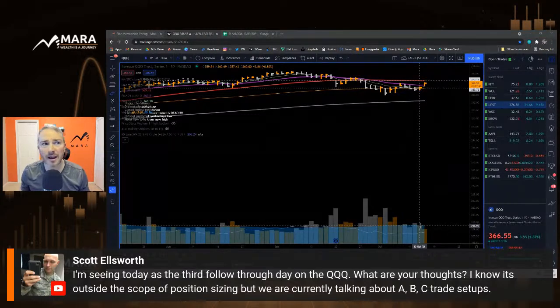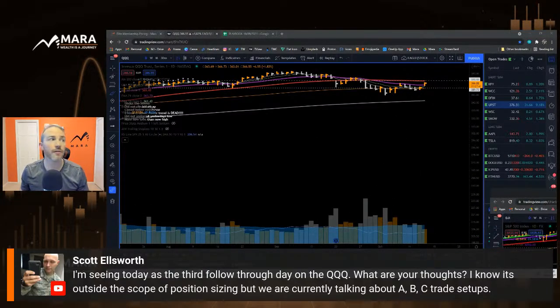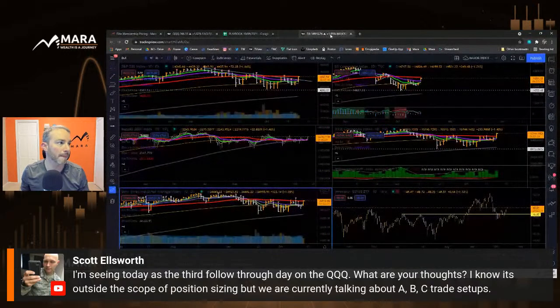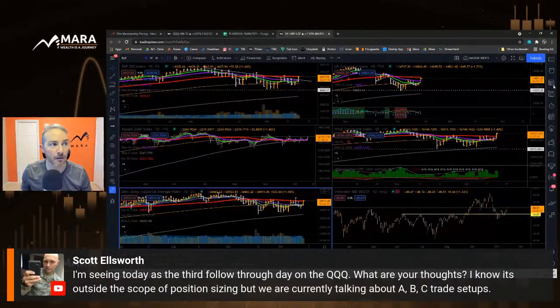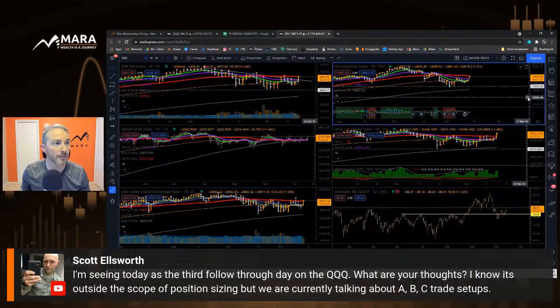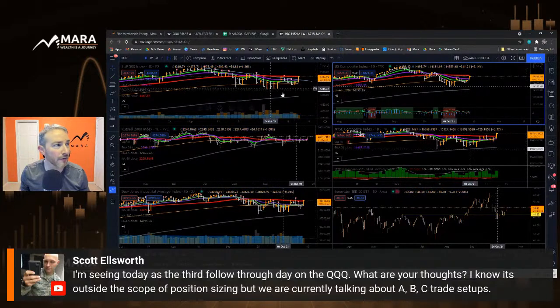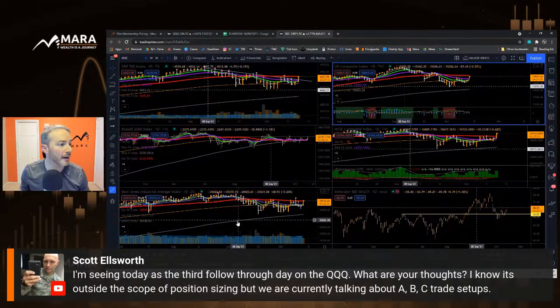That's one of the reasons why I like to look at an index versus looking at the ETFs. Let me drag this over here. I like to keep all the indexes up. In TradingView, you only get volume on the S&P and on the Dow for some reason.